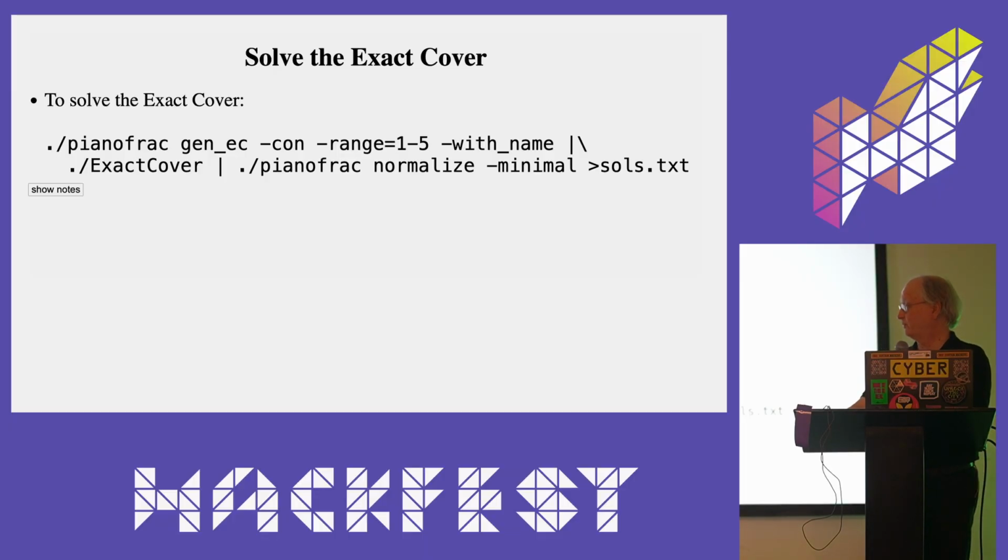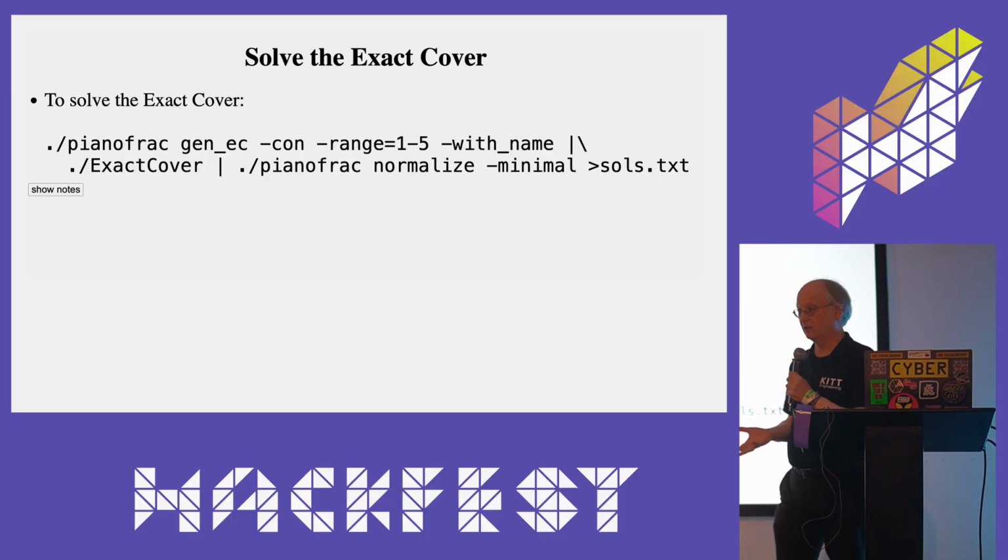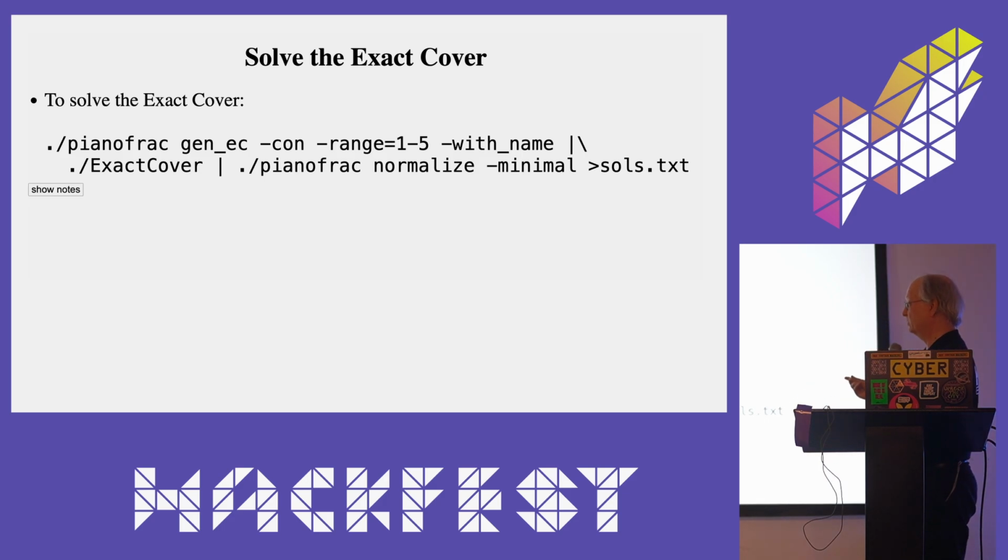And then we call the program exact cover, and that will, with those pieces, find all possible ways to fill the shape with the pieces. And because the puzzle can be rotated in 3 steps, we call a normalize program, and then also give it the option minimal to take out all double copies. And that we put in the file that is called sol.txt. That's all the solutions with those pieces.